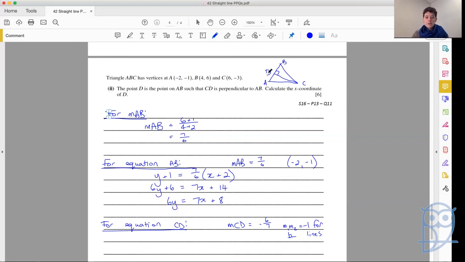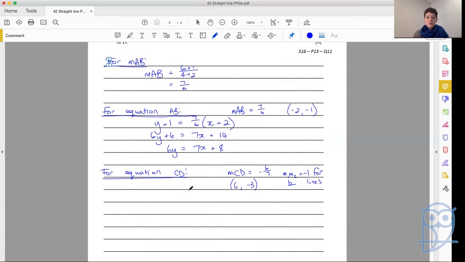Well, for CD, we're going to have to use C. So it is 6 and -3. So we would then have y plus 3 equals -6 over 7, x minus 6. Getting rid of the fraction, 7y plus 21 equals -6x plus 36. So 7y equals -6x plus 15.